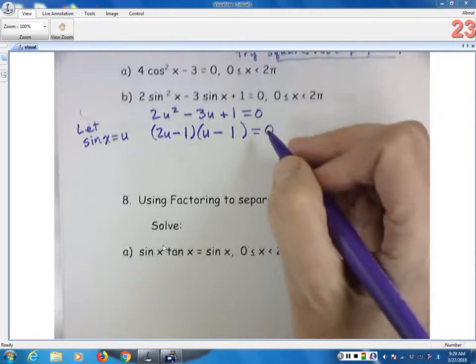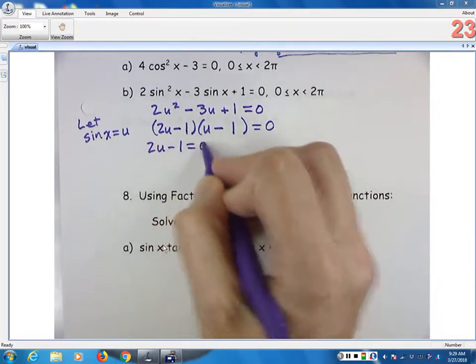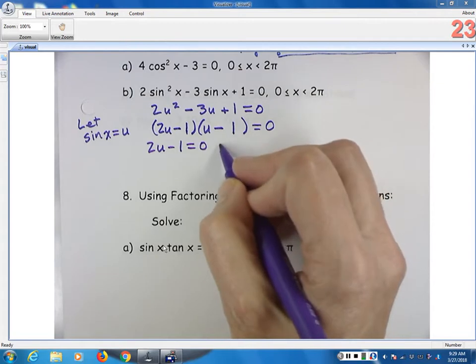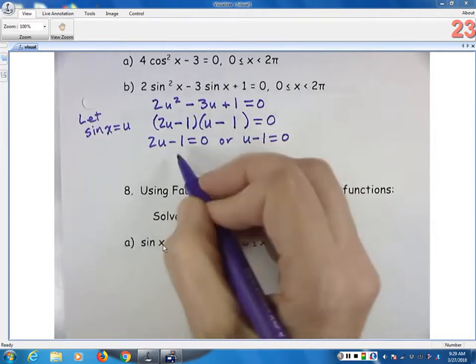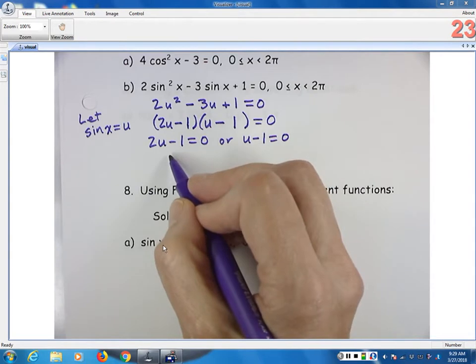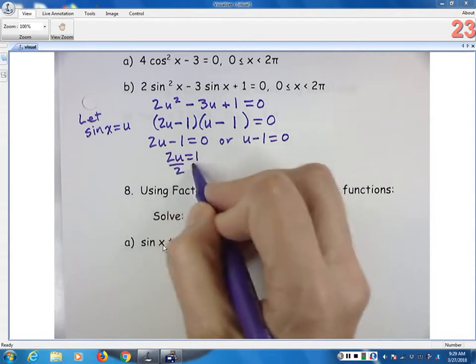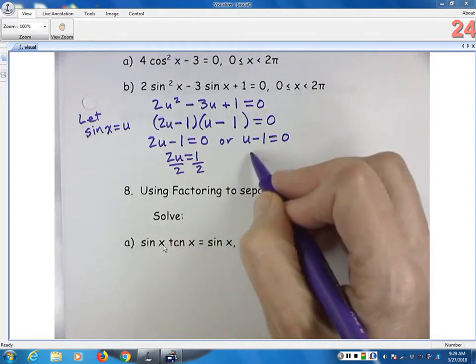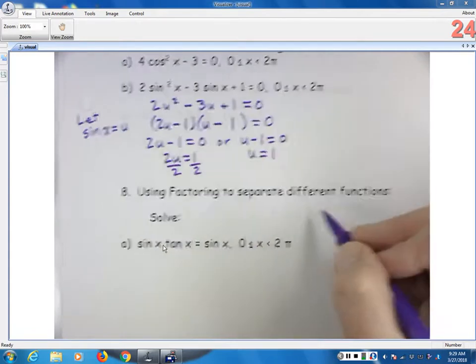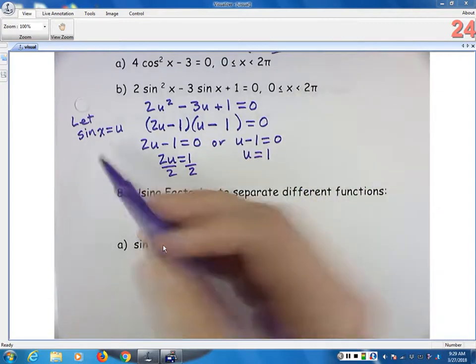So we're going to set 2u minus 1 equal to 0, or u minus 1 equals 0. Set each factor to 0. You add the 1, 2u equals 1, divide by 2. So u is a half, or u equals 1. So we substitute back that u now is sine x.